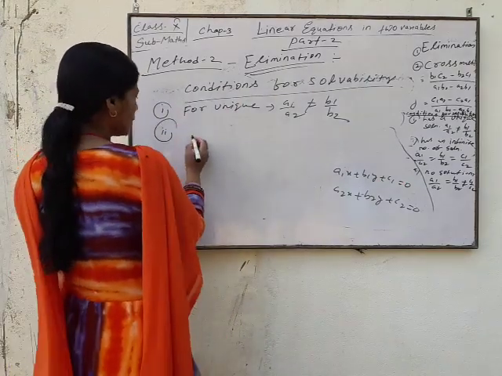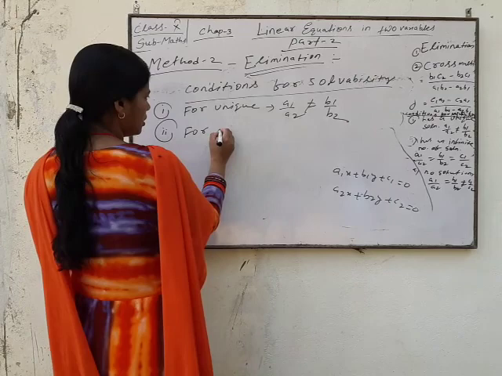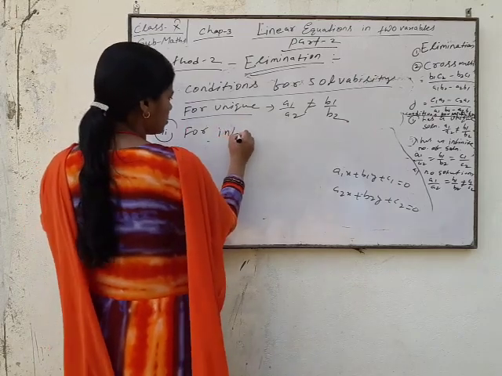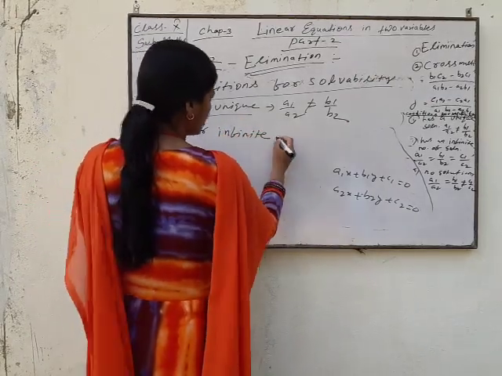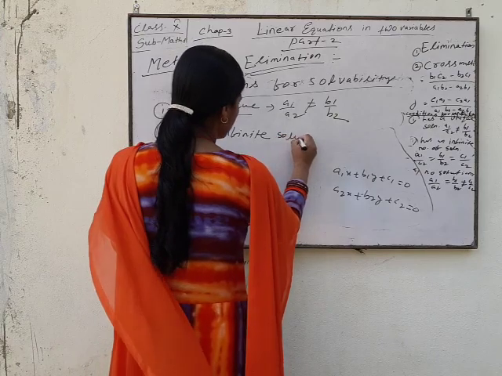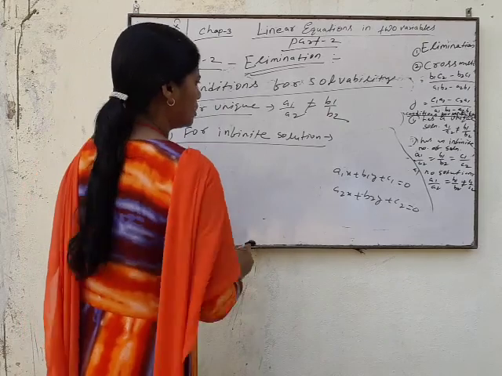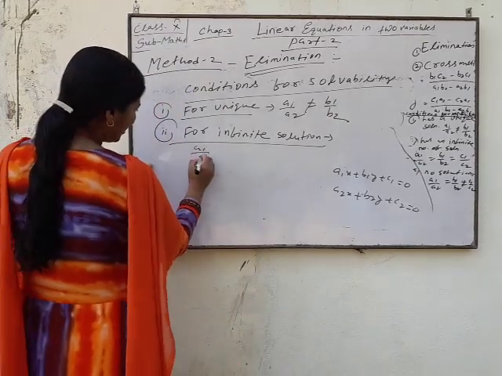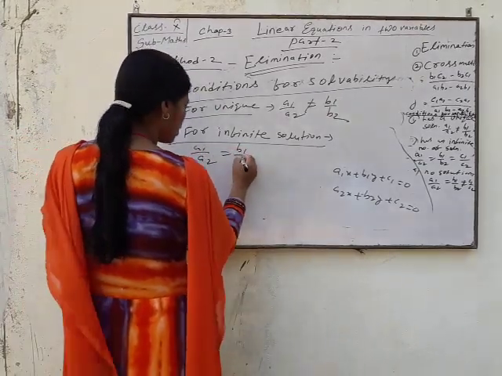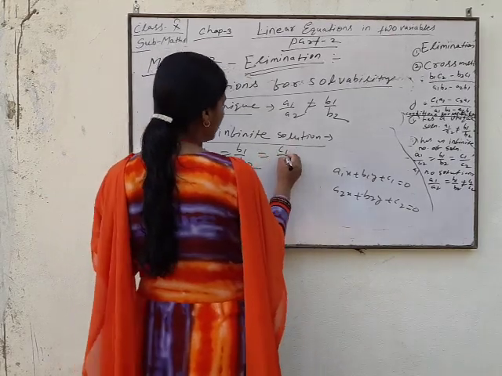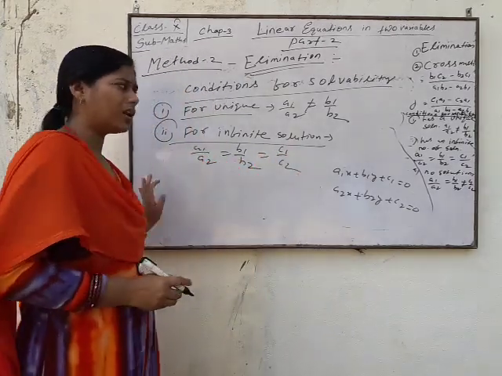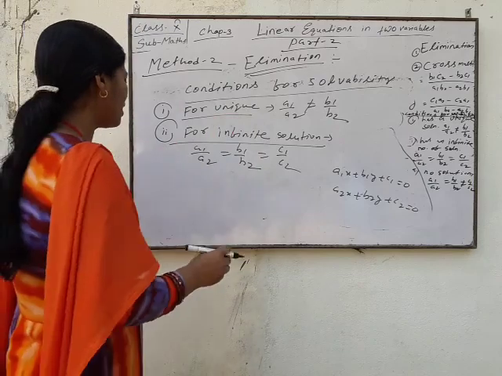Second, for infinitely many solutions, the formula is a1 by a2 is equal to b1 by b2 is equal to c1 by c2. This is for an infinite number of solutions.